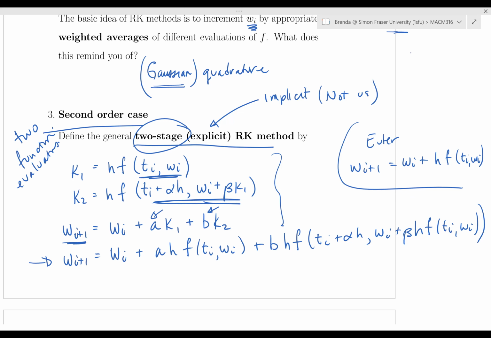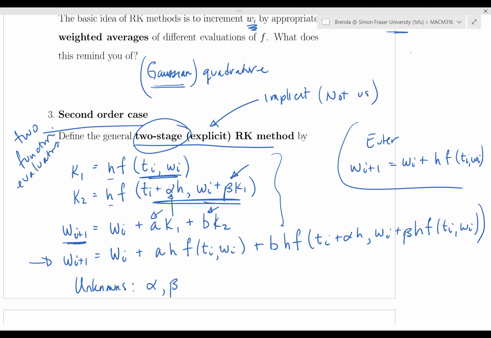So there are some unknowns in what I've written down. We've already chosen H, and t_i is our independent variable at the i-th step. So the things that we can actually choose, the unknowns, are how much to move over, and how much to add from that previous calculation.